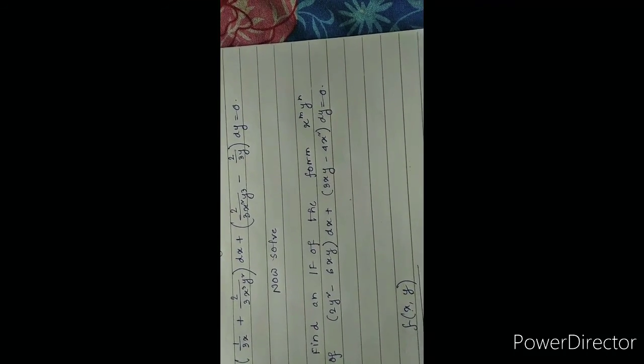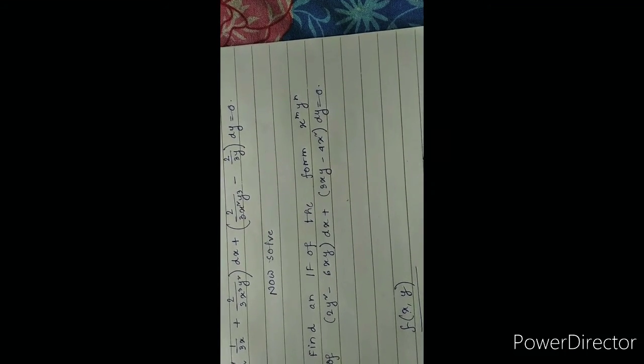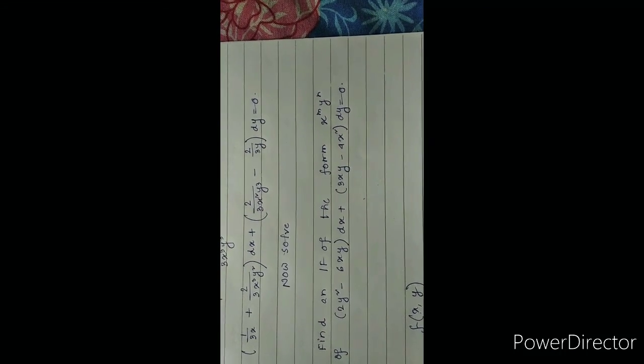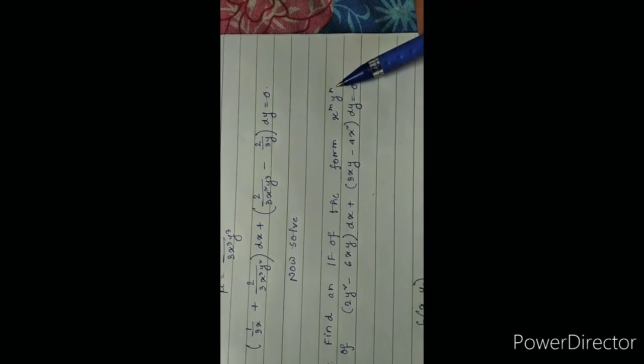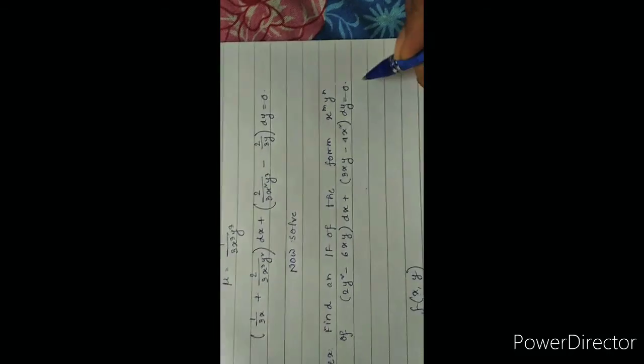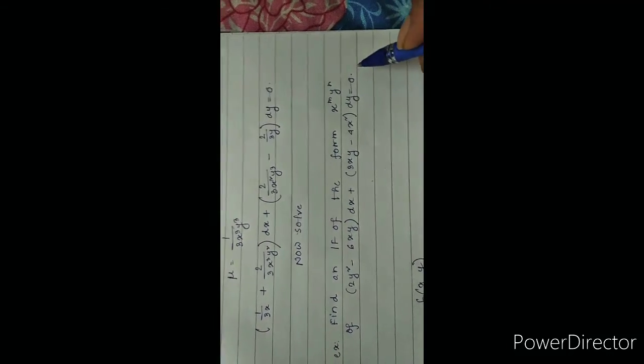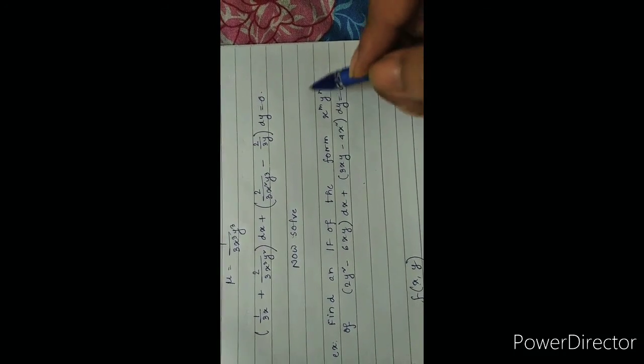So del M dash by del y equals del N dash by del x, and from this relation you have to find the values of m and n. I am leaving this problem to you, but you should tell me if you are able to do it, because the problem is a little bit trickier.